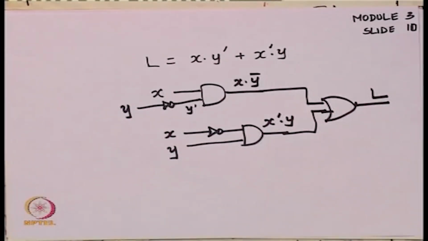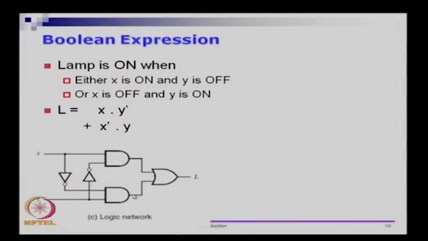The logic network or circuit that we need is essentially a slightly redrawn version of this. In the paper I had two different X inputs and two different Y inputs. Here I am showing that it is actually coming from the same input. So X, this line goes as X and this comes as complement, and if you notice there is a filled circle here.